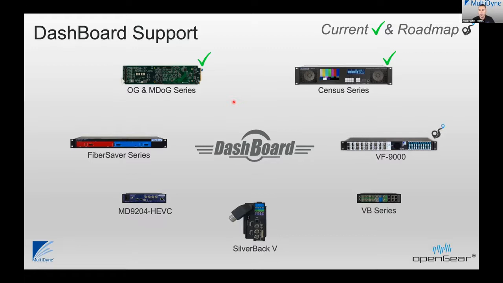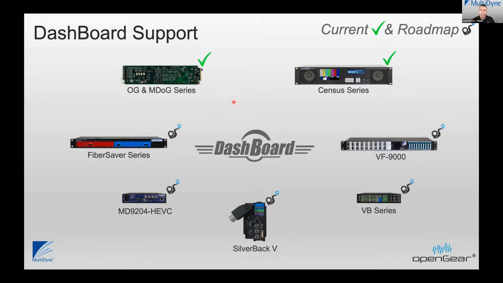But moving forward, we have a roadmap plan to add dashboard to our flagship products. The VF9000 is a bulk signal transport solution. It has a frame controller, has SNMP today, and has the smarts to support Dashboard Connect. So that's a near-term development item.